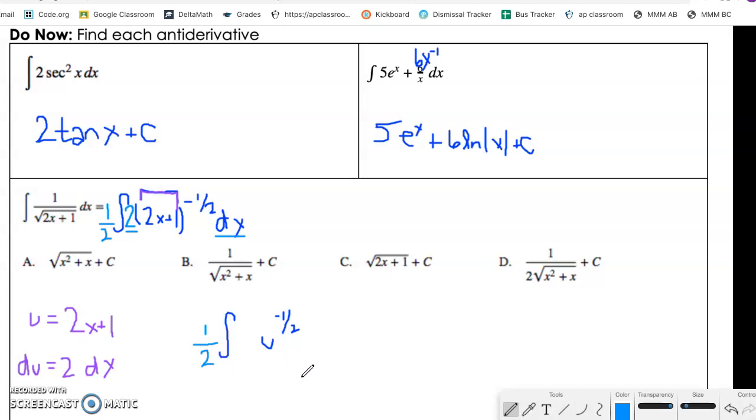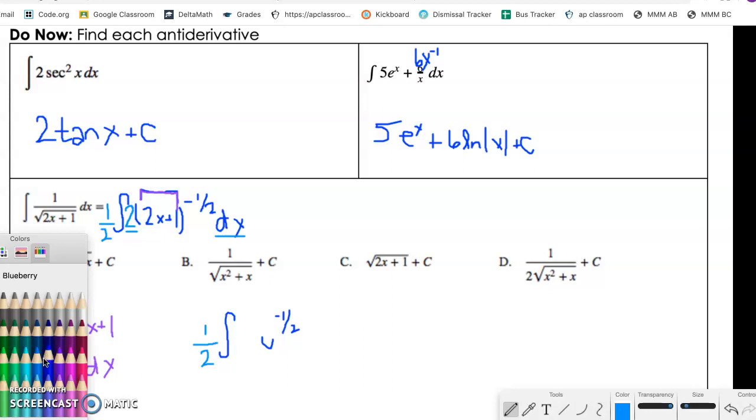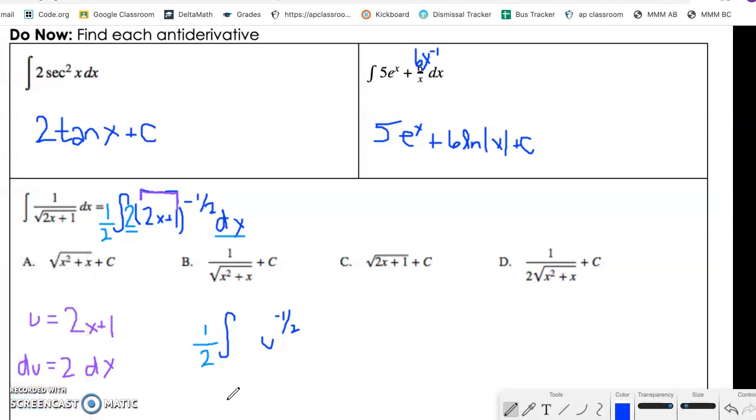So now it's going to be really easy to go and do this integral here. The 1/2 stays, and this antiderivative of u to the negative 1/2, I add 1, so I add 2 over 2 to my exponent, and I'll get u to the 1/2, and then I divide by my new exponent, which is the same thing as multiplying by the reciprocal.